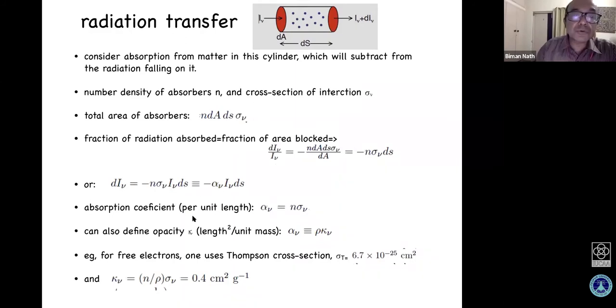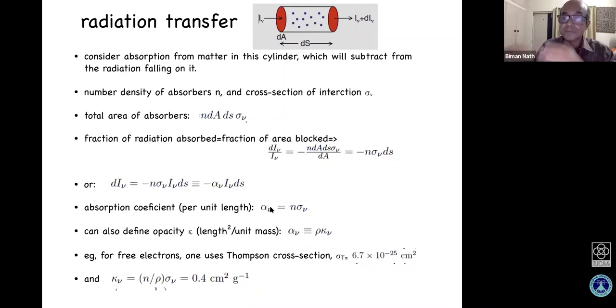I'm going to define something called the absorption coefficient, by combining these two, number density of observers and the cross section, and multiplying them, which will have the dimension of per unit length. I'll call it the absorption coefficient, right?